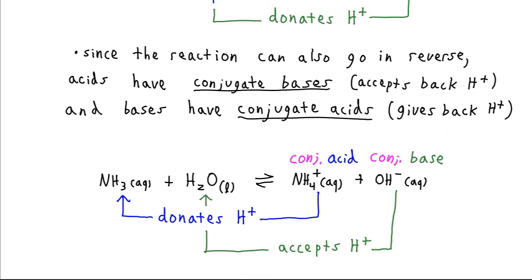So here, if we run the reaction the opposite way, this behaves as an acid, this behaves as a base, and so this will be the conjugate acid to our base on this side, and this will be the conjugate base to our acid on this side.